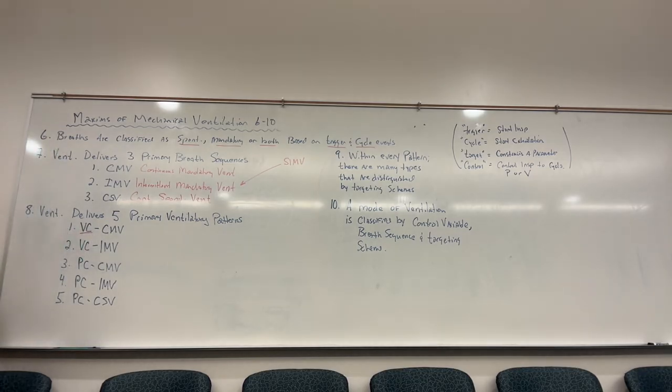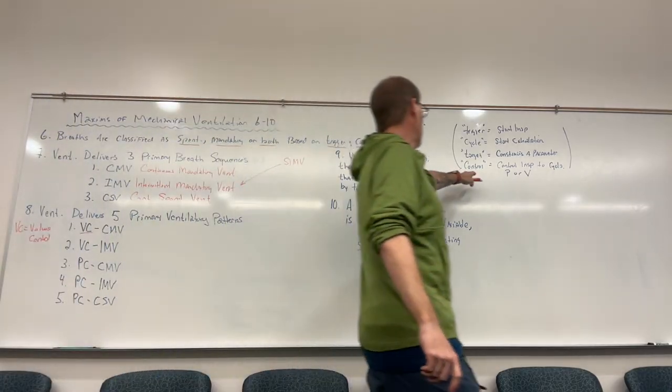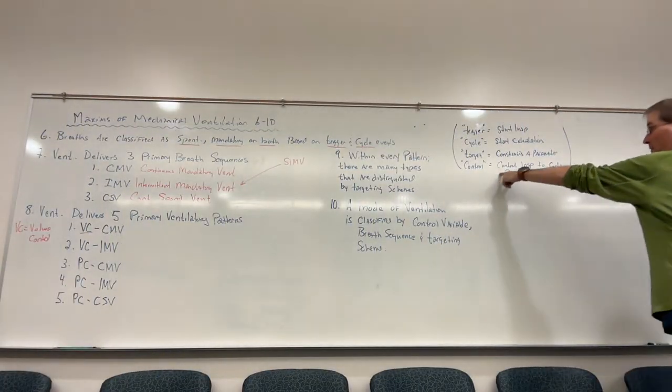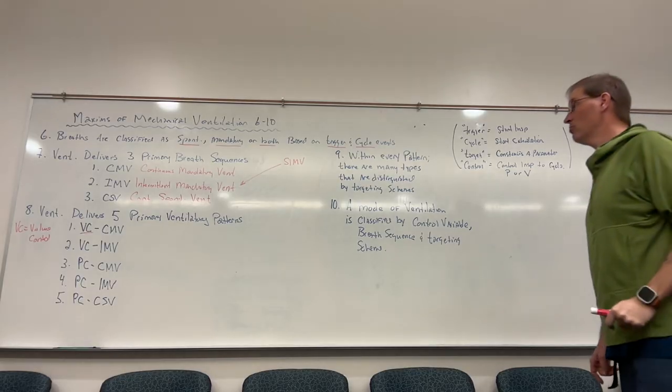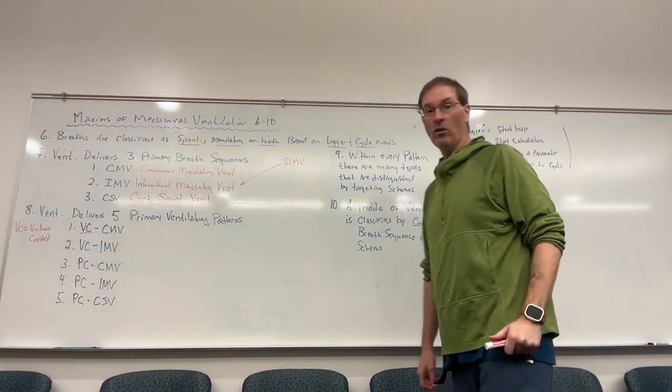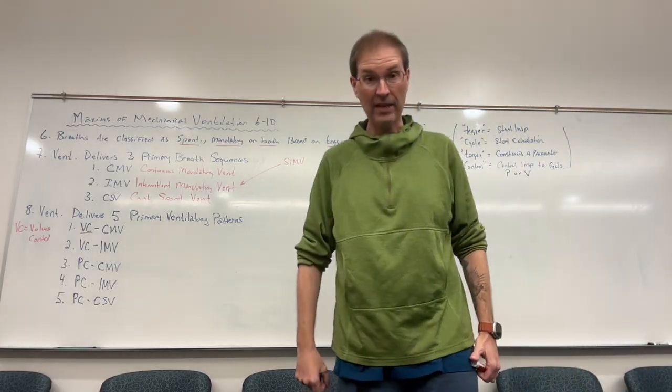So VC equals volume control. So that is to say that volume is the control variable the ventilator is going to use to determine when to cycle out of inspiration and into exhalation.